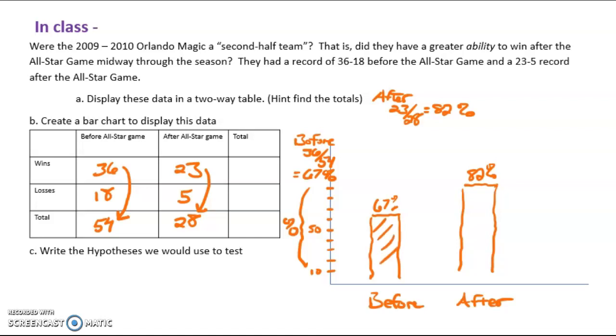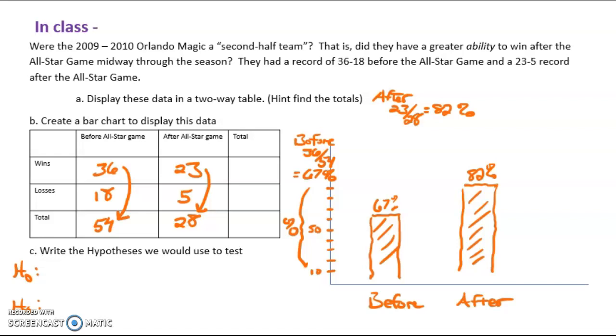So definitely looks like they had a greater performance after. So let's check out the hypothesis because this is really what we're here for today. So we're going to put the Ho right here. We're going to put the Ha right here. So again, the null hypothesis, the Ho, is representing no change.